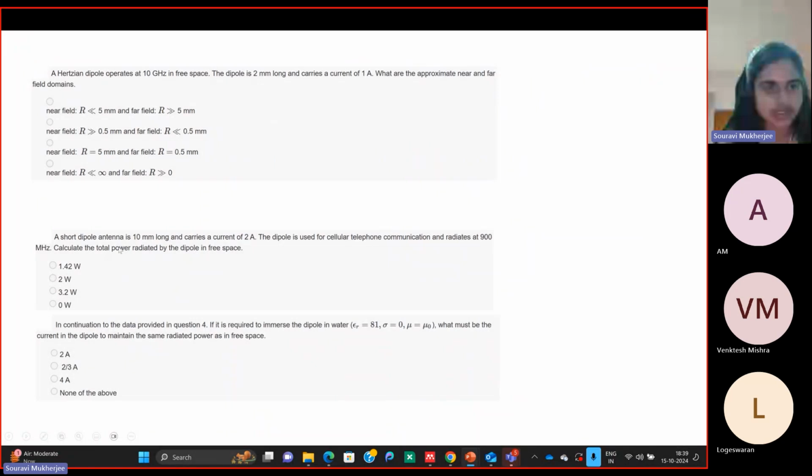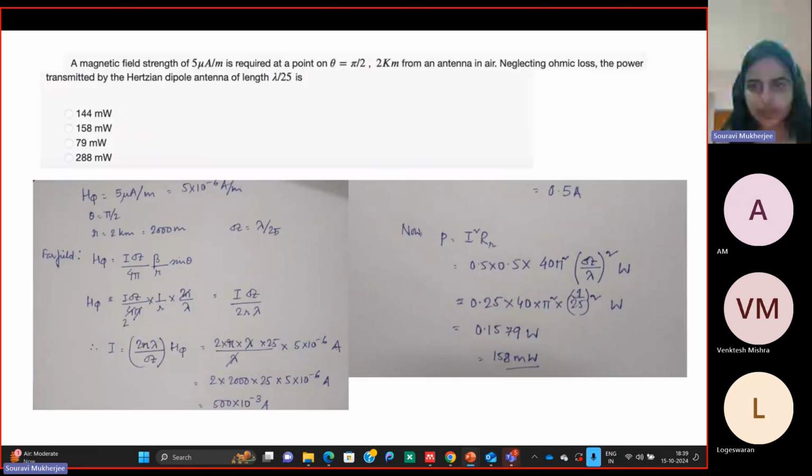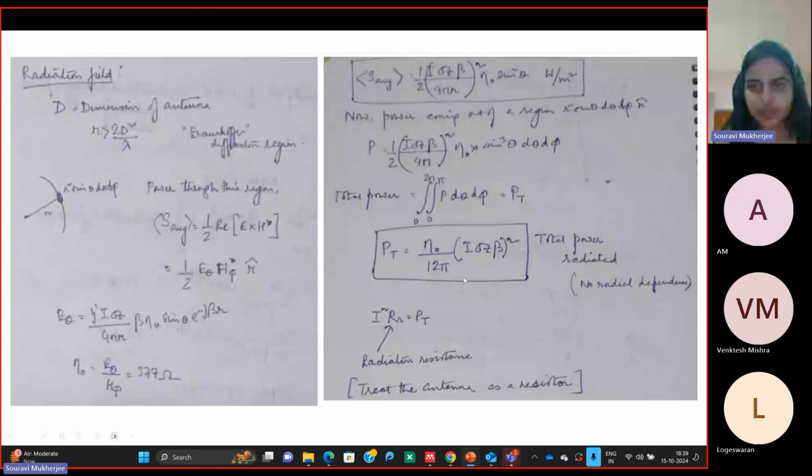So you have to find the total power radiated by the dipole in free space. That means you just have to use this expression, right? You know it's in free space, so eta naught is given as 120 pi. Your current is given, delta Z is given, the frequency is given. So you can find the expression for the wavelength, and beta is equal to 2 pi by lambda, right? By using this relation, you can find the expression for the total power that is being radiated.